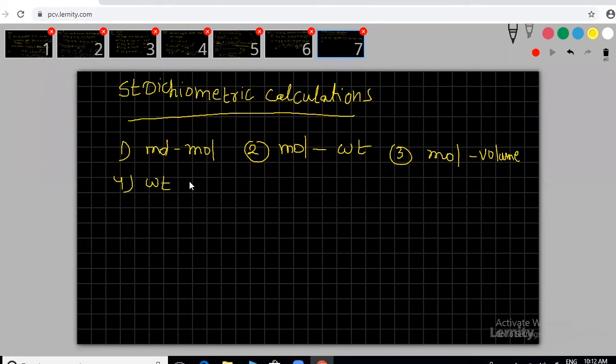Weight relation problems. Volume relation problems. Weight volume relation problems.